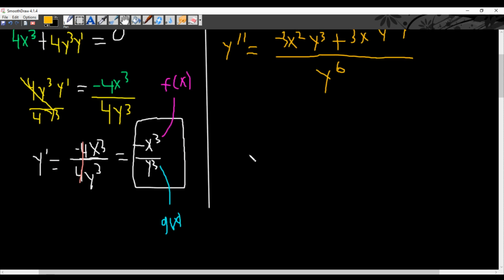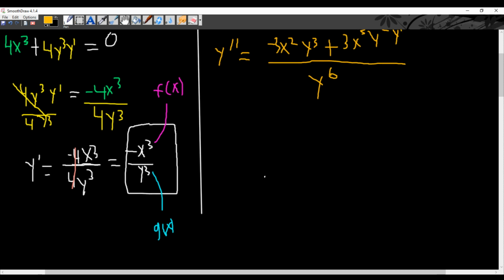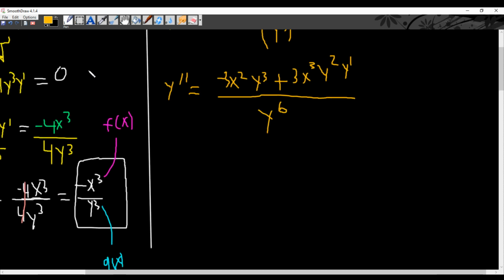And guess what? What y prime originally was is negative x cubed over y cubed. That was the original value of y prime.